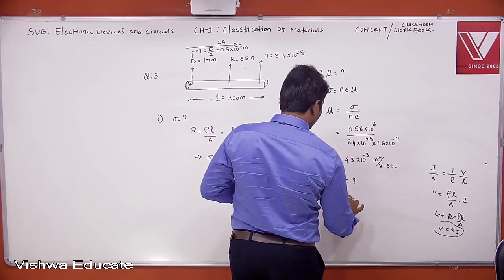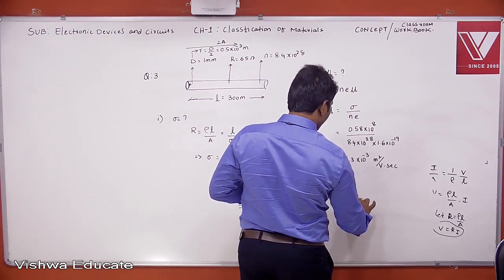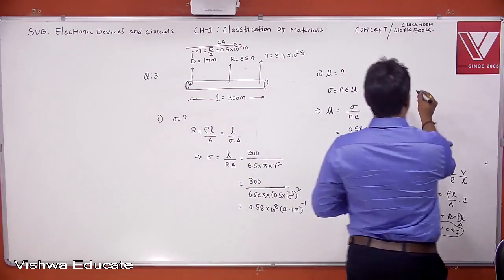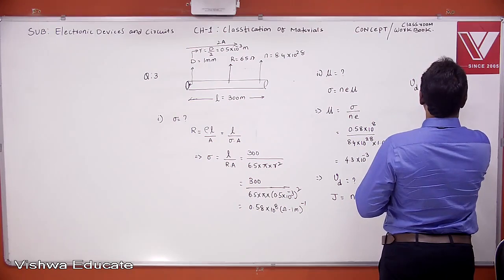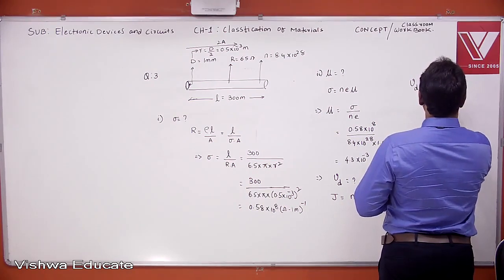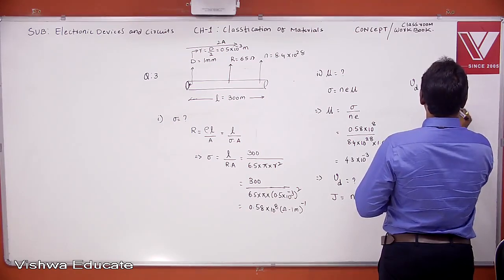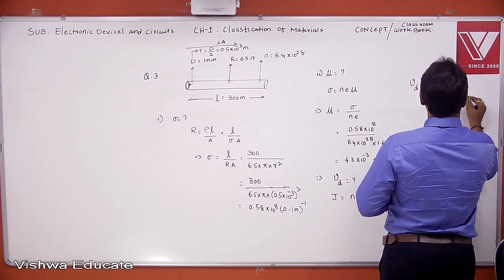What is the relation between drift velocity and current density? J equals N into E into Vd, right? Now from this, what about Vd here? Vd is nothing but J by Ne. What is J in terms of current? I by A into Ne, right? What is I here? I is 2 amperes.